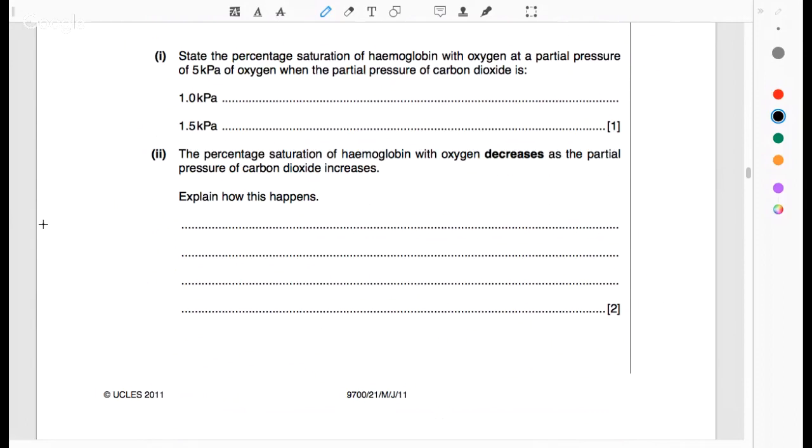Carbon dioxide reduces the affinity of hemoglobin for oxygen. So by the hydrogen ions binding to the hemoglobin, it replaces the oxygen, and oxygen is released more than it normally would.